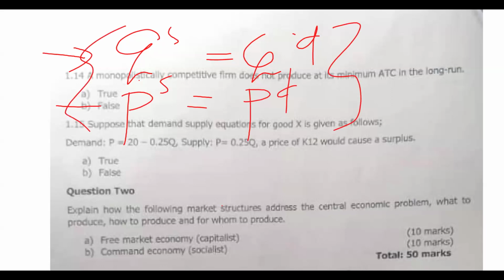Now, before I go any further, I want to explain again. These functions can be ordinary functions or inverted functions, right?